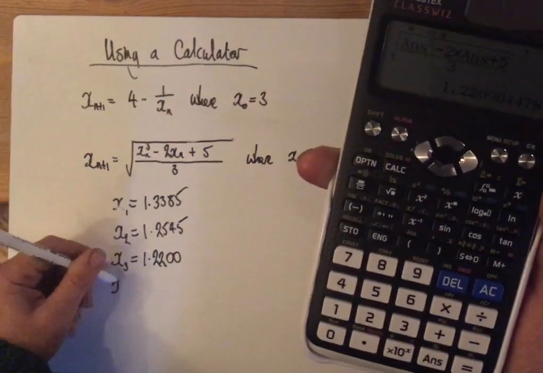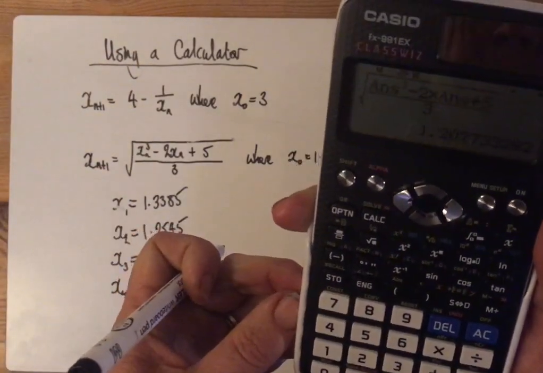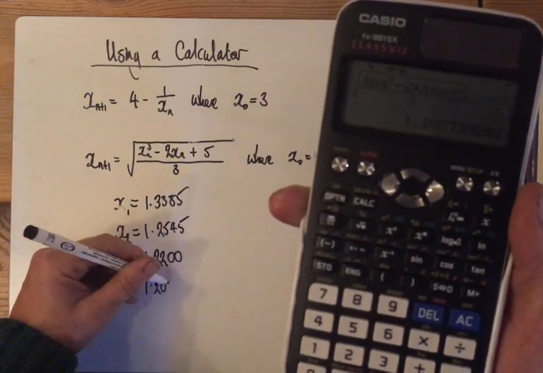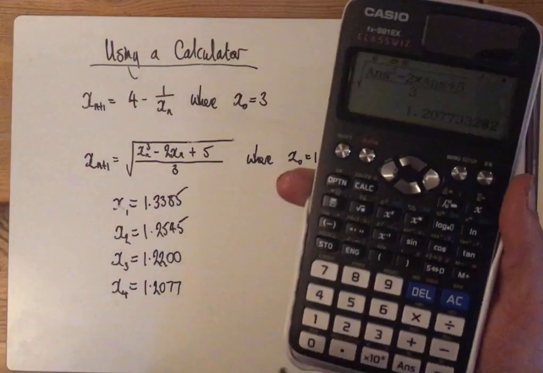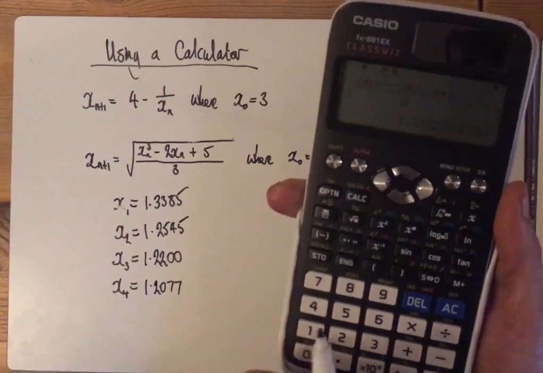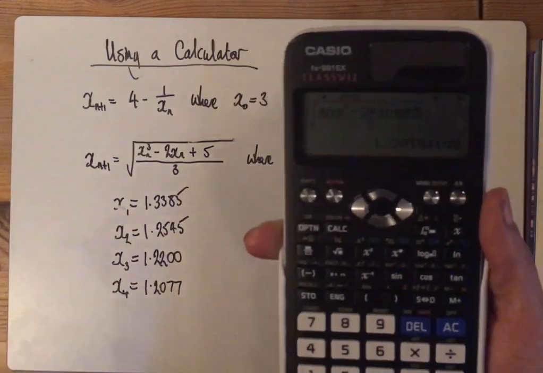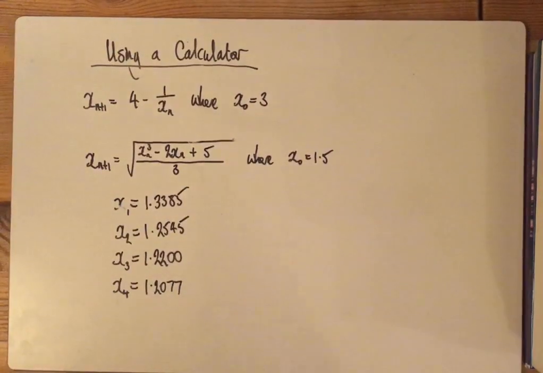A question will tell you how many values to do, but that's going to 1.2077 after that. So it's definitely settling on 1.2, but you could just keep pressing equals, keep going until you get as close as you want to that root. So these numerical methods are quite powerful, especially when you don't have an algebraic method that works, and they can get you to these values relatively quickly.